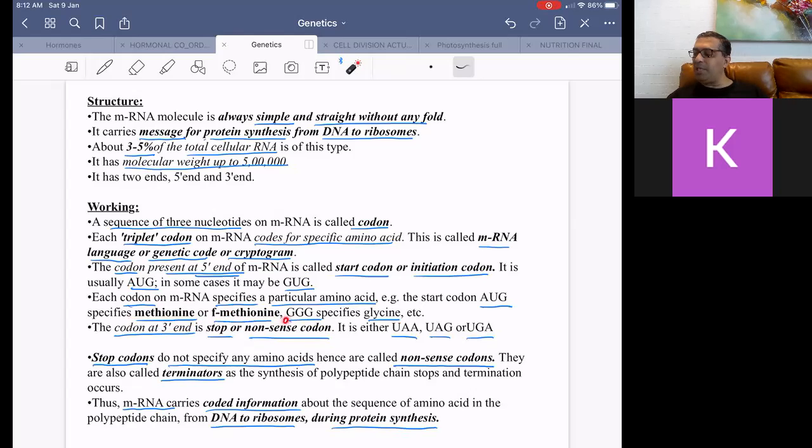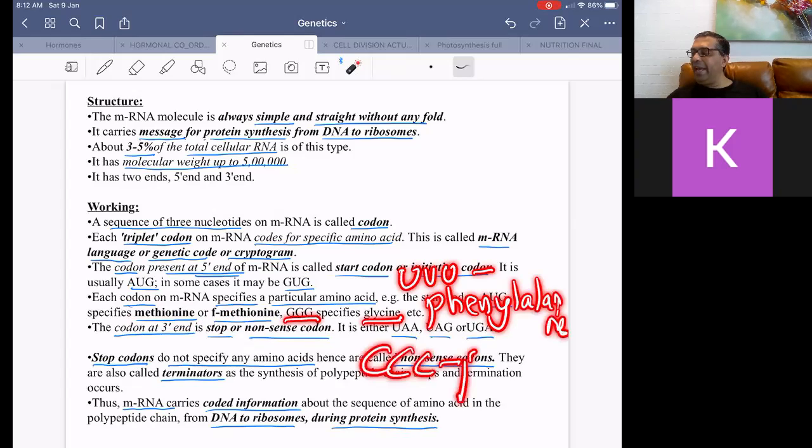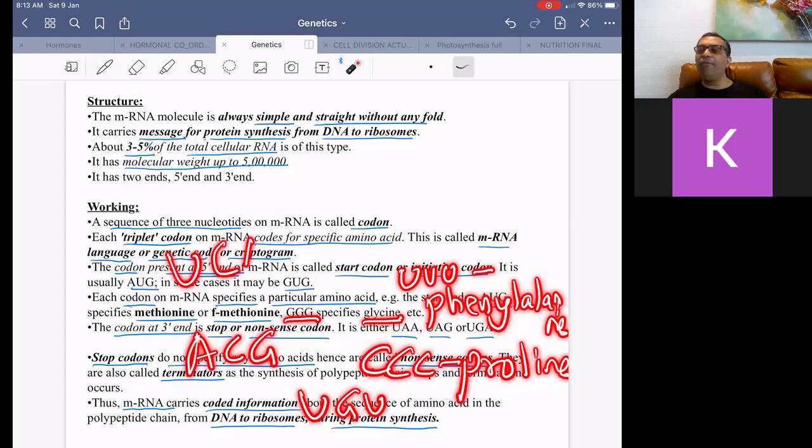Similarly, GGG specifies glycine. Or you have UUU codes for phenylalanine. Or you have CCC codes for proline. Similarly, you have UGU, ACG, UCA, AAA, you have so many codons.